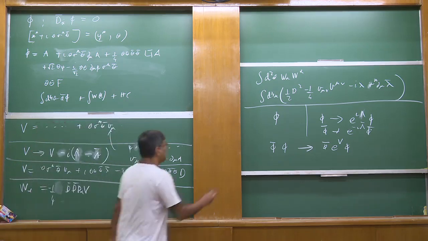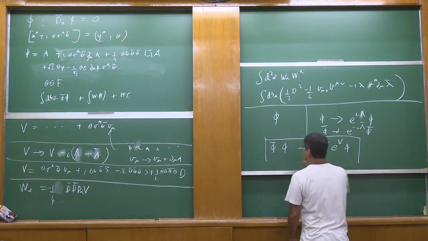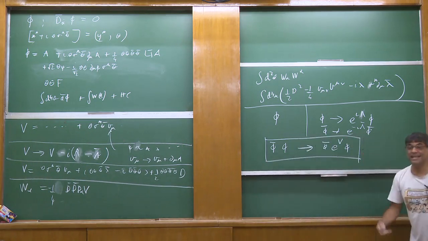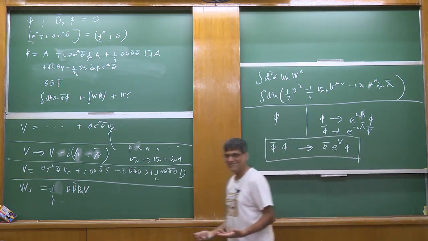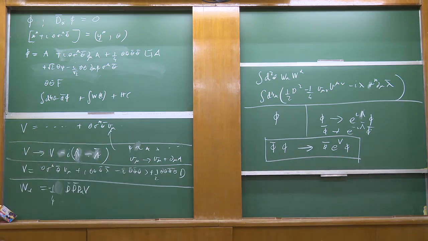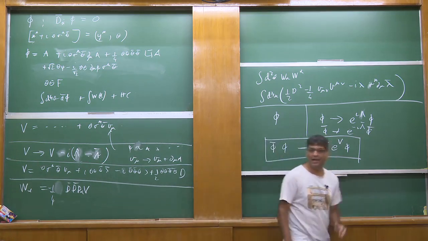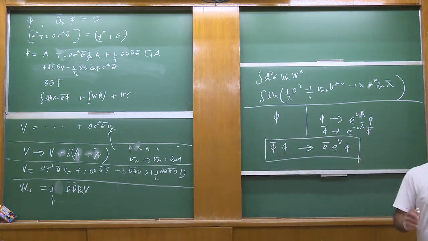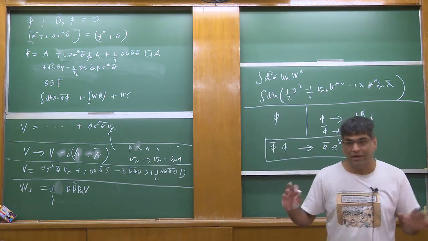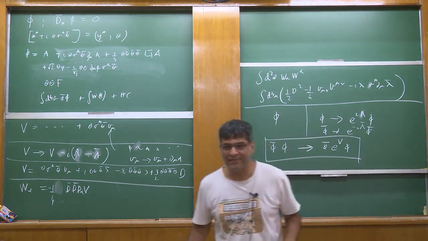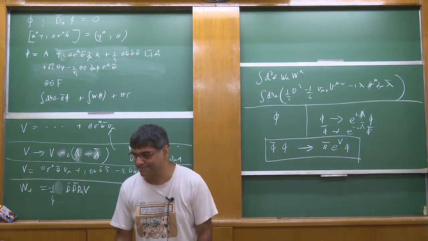So this guy here is a gauge invariant interaction. It's a gauge invariant kinetic term for the matter fields with the gauge bosons. This is the supersymmetric analog of minimal coupling. Remember, a kinetic term is a term with derivatives.